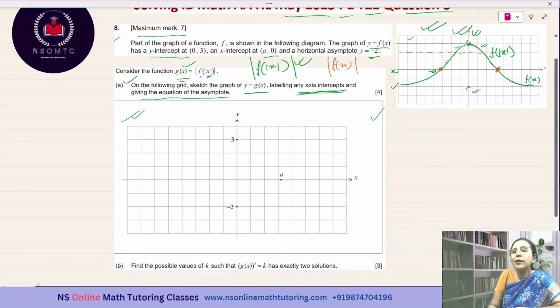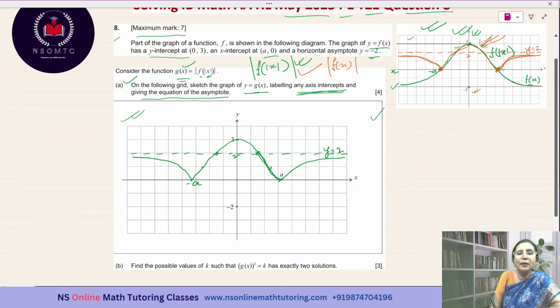Because every part which is below the x-axis will be coming up. So this is the 2. This is the equation that they had asked us to give. The y equals 2 line, and it will be this way. So this part, this part and this part, these three parts taken together, will be the graph of this.